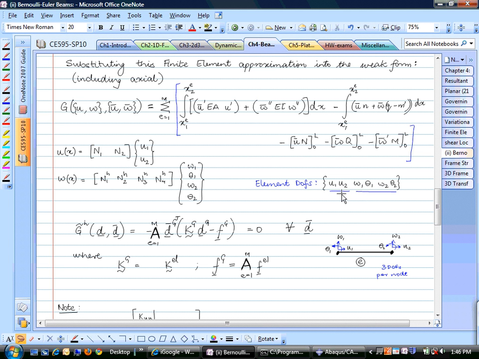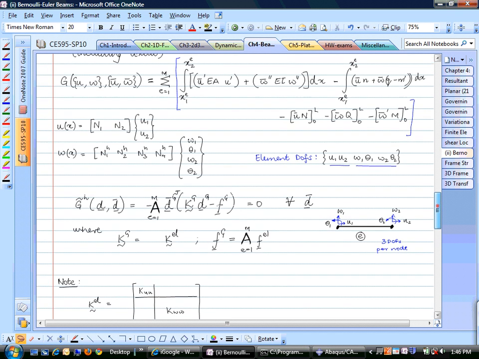So for the two nodes, each node has 3 degrees of freedom. And what this leads to is our same old familiar equation, kd minus f. After that, you can assemble that and all that, enforce boundary conditions, and solve for it.